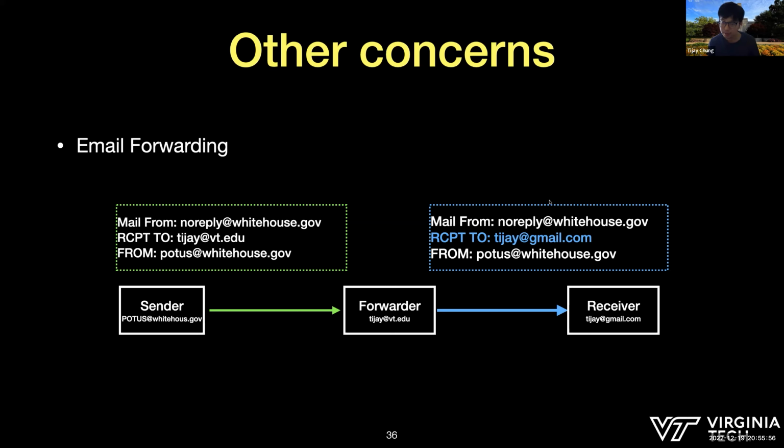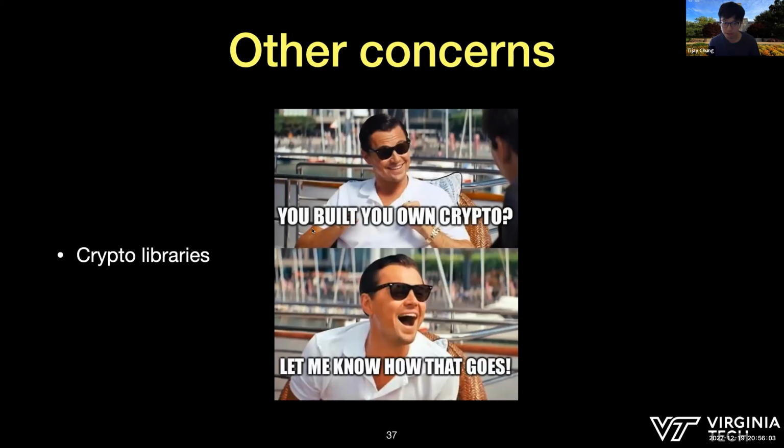As you can imagine, these email security protocols are really complex. Another one is crypto libraries. As you can tell, authentication and integrity checking all involve crypto libraries. Sometimes small open source email clients develop their own crypto libraries to support all the cryptographic operations. In that case, it is very prone to errors.